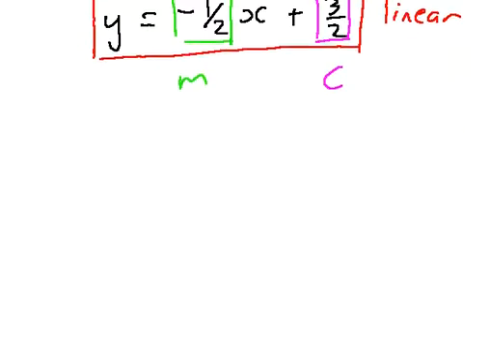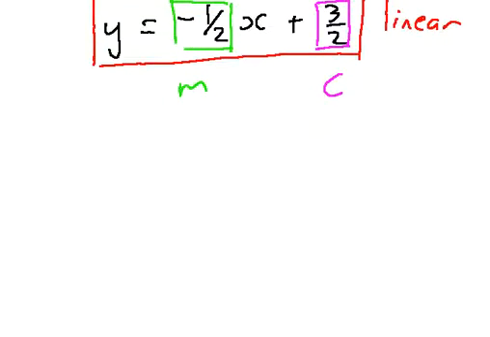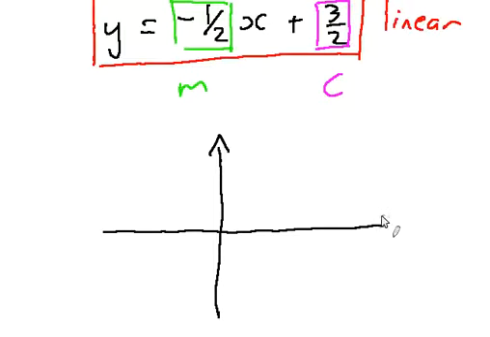Okay, let's plot it. Draw axes. And what is this going to look like? Well, the first thing that you should think of when you're going to plot a graph is, is it going to be a graph that goes like this, or is it going to be a graph that goes like this?